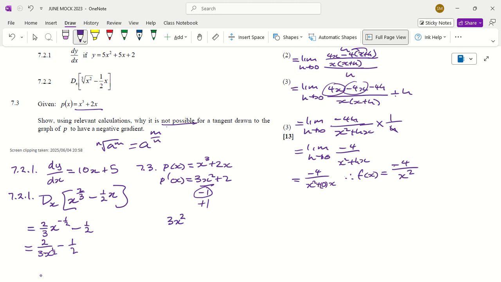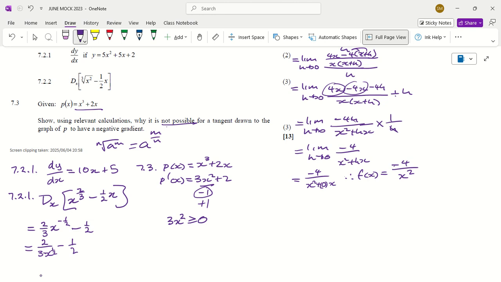So the 3x squared will always be greater than or equal to 0. And when we add plus 2, it makes it even larger. It will never be equal to 0. So the tangent will always have a positive gradient because the term 3x squared is always going to be greater than or equal to 0.